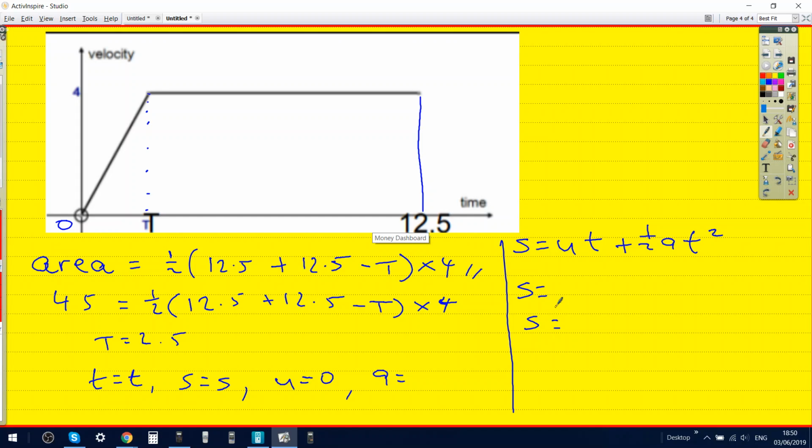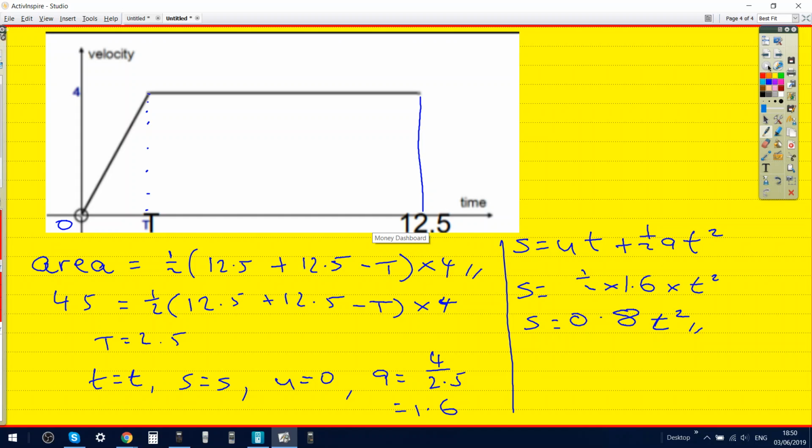You find the gradient. So a equals 4 over 2.5, which is 1.6. And so it's a half times 1.6 times t squared.